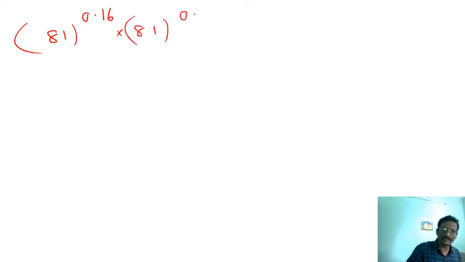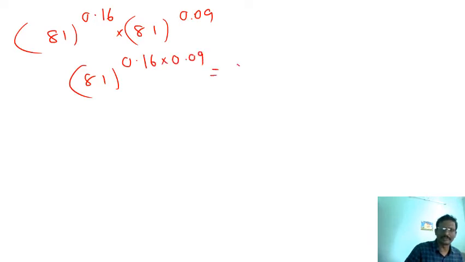Simplify 81 raised to 0.16 into 81 raised to 0.09. So what you have to do means you have to apply the first property, that is a raised to m into a raised to n is a raised to m plus n. So it is 81 raised to 0.25.